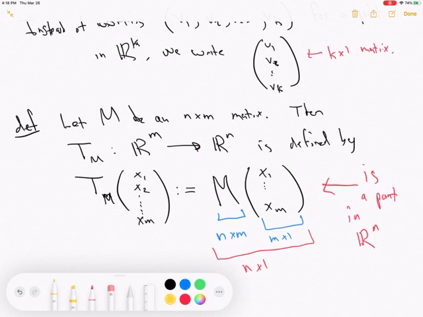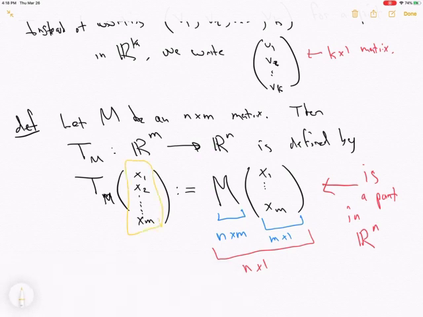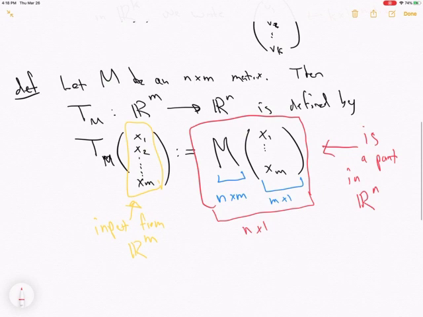It takes this thing here, so this is your input, which the input is from Rm, and then this whole thing is what it spits out. And so the output is actually in Rn, so this is the output.